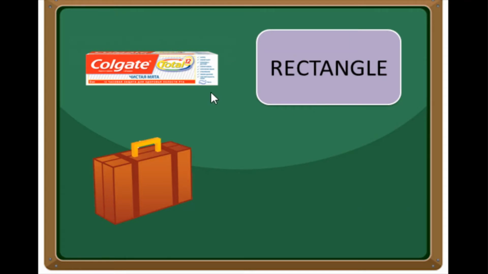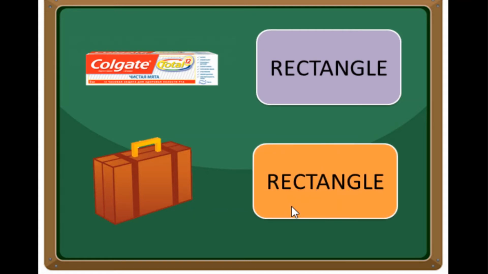A box of toothpaste is a rectangle. How about the briefcase? Is it a square or a rectangle? You got it right again. A briefcase is a rectangle.